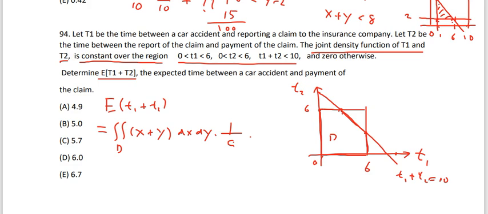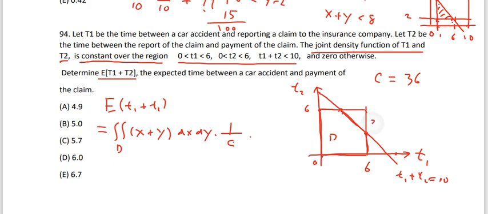So C equals... just this equals 36, 6 square, 6 times 6. There's area for the square minus this triangle. So what is this triangle? Here, let's say if x equals 6, then this is 4.